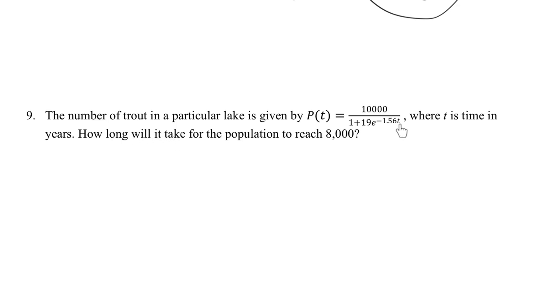So we're solving for t, which means the 8,000 population goes right here for the population. So we're solving 8,000 equals 10,000. And we're solving for t.